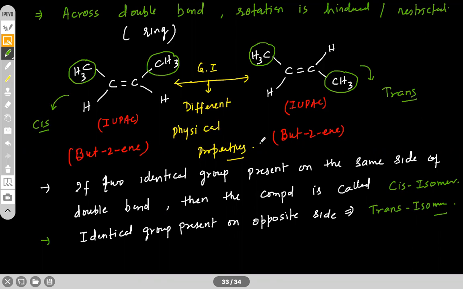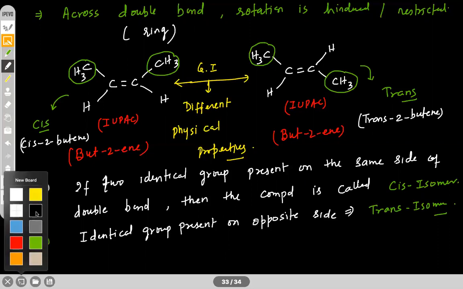So the name of this compound is trans 2-butene, and this one is cis 2-butene.